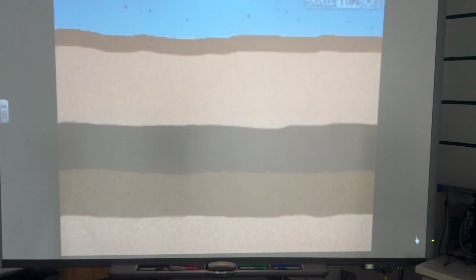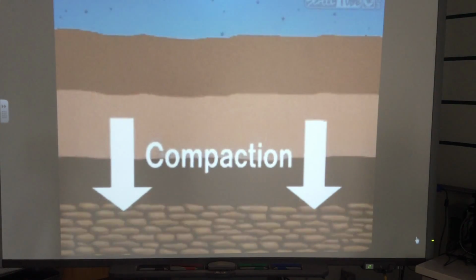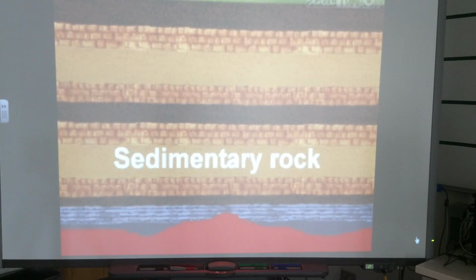Layer after layer of sediments are deposited in this way. The weight of the top layers pushes down on lower layers, compacting them. Even though they are compacted, space remains between the sediments. Over time, minerals form in these spaces. These minerals act like a glue and cement the grains together. The rock material that began as igneous rock has been transformed into sedimentary rock.